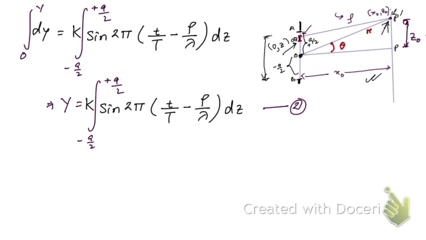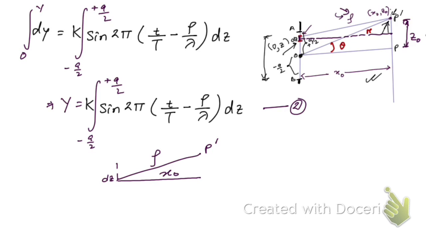This is supposed to be z naught, right? So now you see, from this we can write rho square. If you draw a line here, this gap is z, right? This is the element, suppose dz, and the distance from this element to P dash is rho, and to the screen it is x naught.